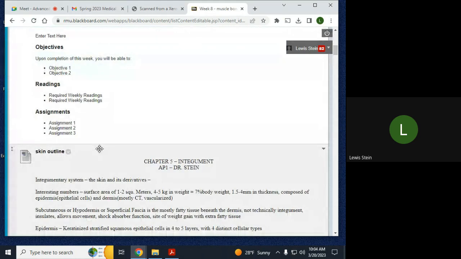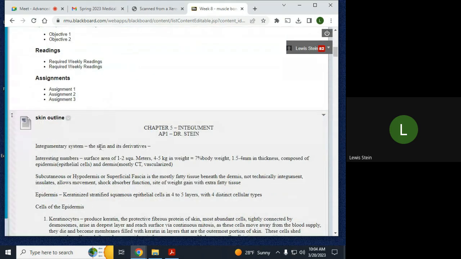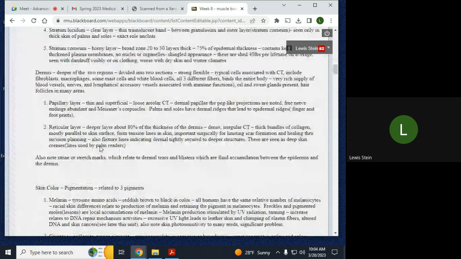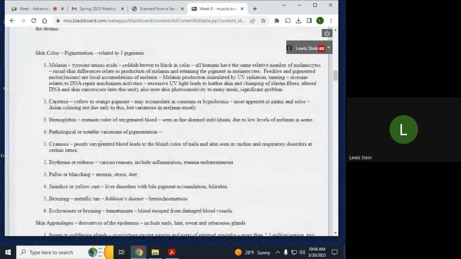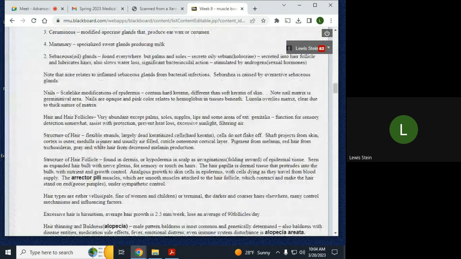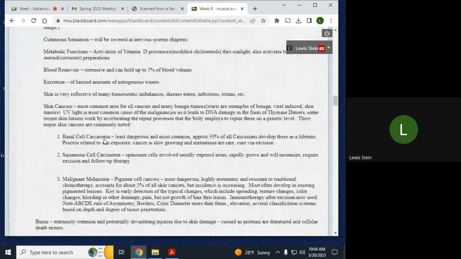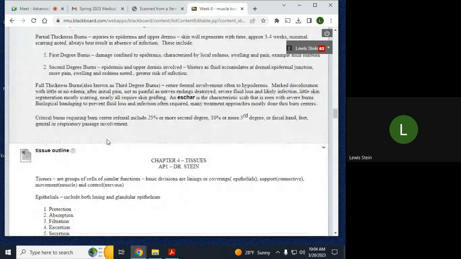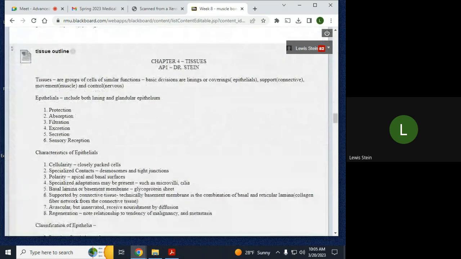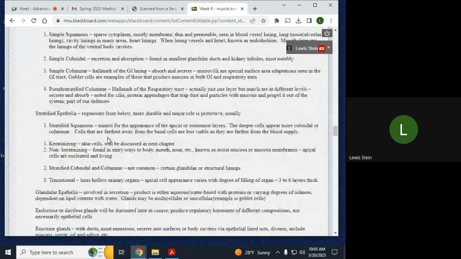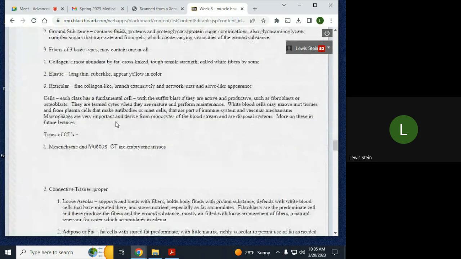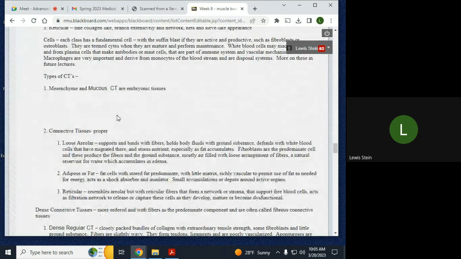What I did was I have the chapter on skin to look over, all the stuff that's there, that rather elaborate outline: skin appendages, etc., function, cancers, and then the tissue outline thereafter. You probably should do that one first. It's background information, and to me, from the MCAT, those are basic.